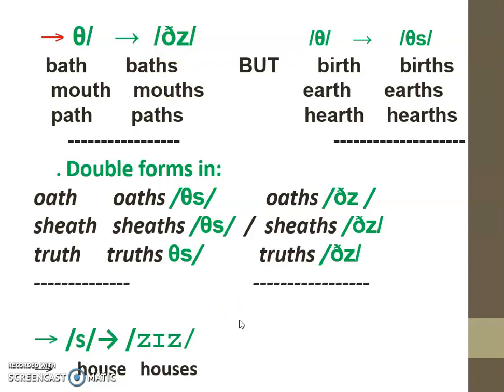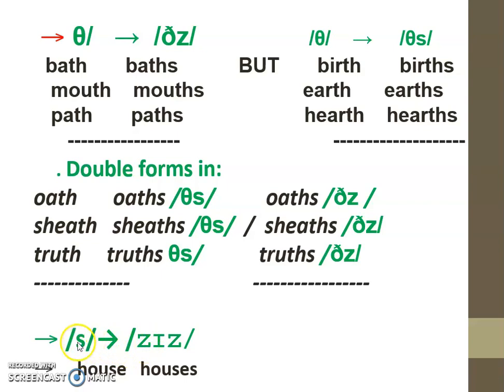So far, we've seen cases of f, which changes to v, changes to th for the plural, and now we will see s, which changes to z, and then the extra syllable ziz. And the only example is house, houses. So the fricative s has changed to z.